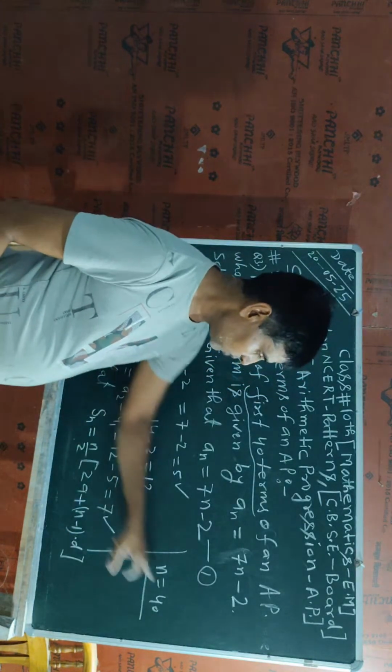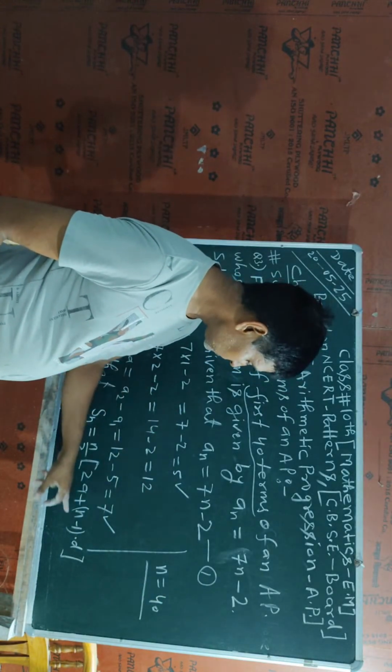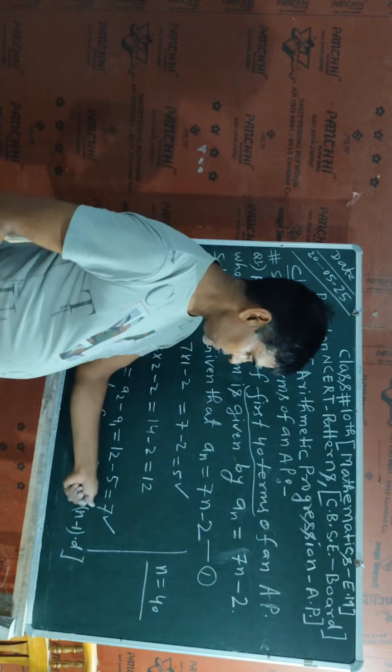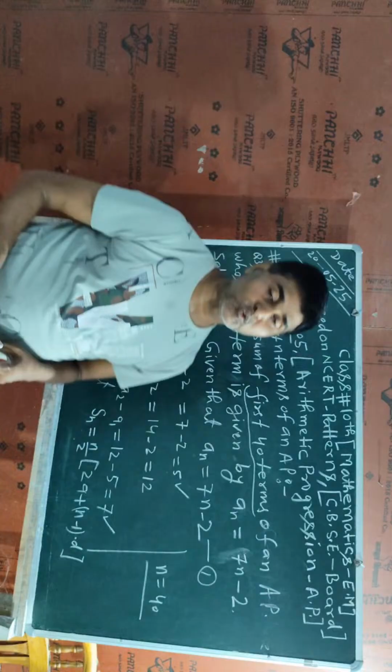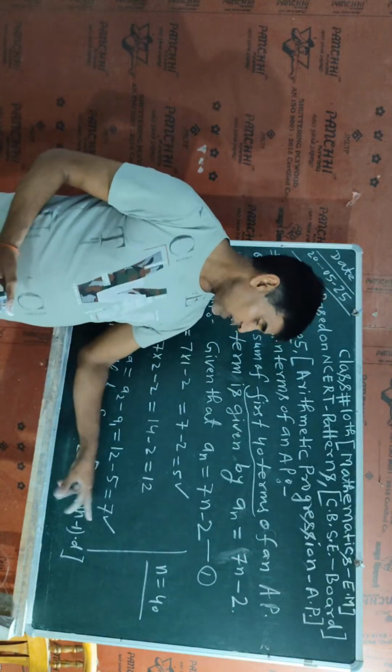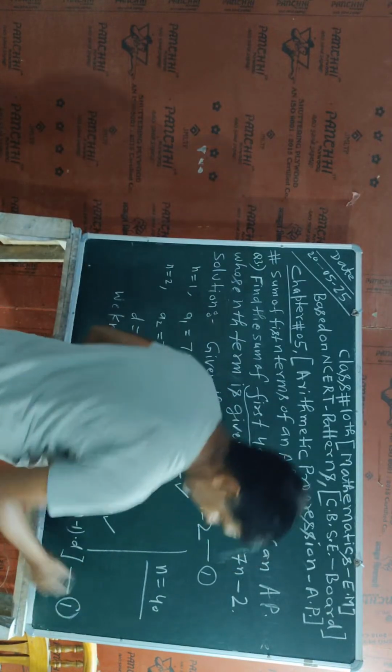Because the value of n is given here, the value of a is also given here, and the value of d is also given here. So I will write one statement: putting the values of n, a and d in equation 1, we get.